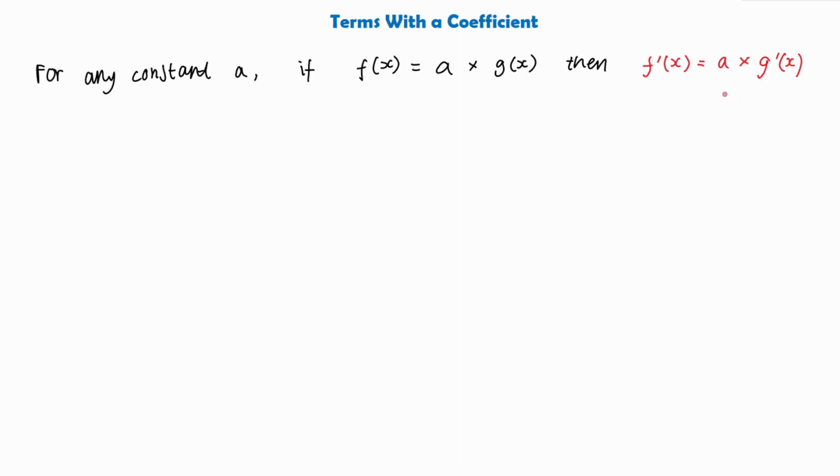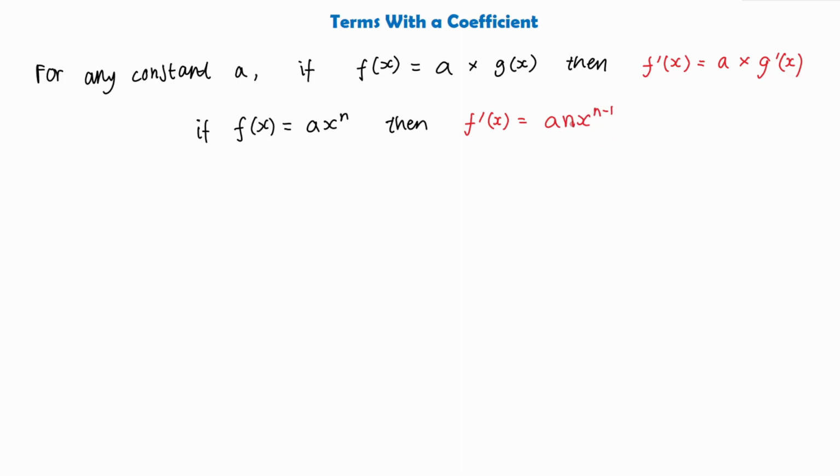Now this might sound quite confusing, so we will write a general overall formula. In other words, if f of x equals a x to the n, where x to the n is our g of x and a is a, then our derivative becomes f dashed x equals a times g dashed x, which we said was n x to the n minus 1.